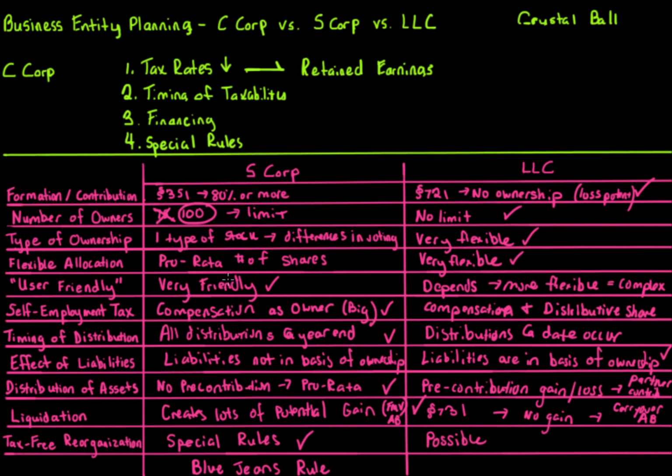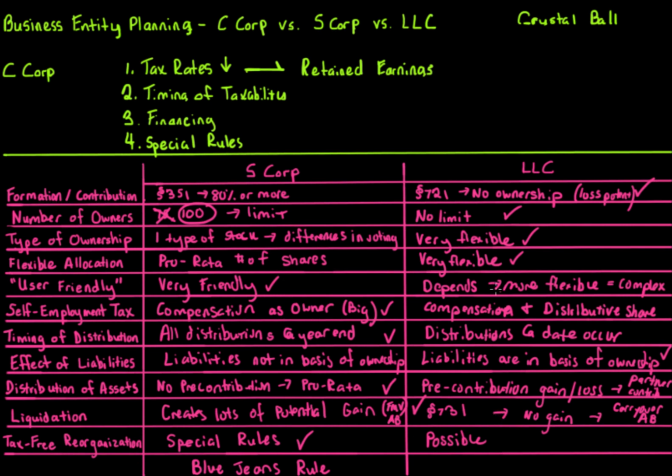The idea is that it's user-friendly. They're not going to have to pay an accountant to do the crazy tax returns and the allocations and all that stuff you would have to do under substantial economic effect. It saves money for the client, and it's just about simplicity.